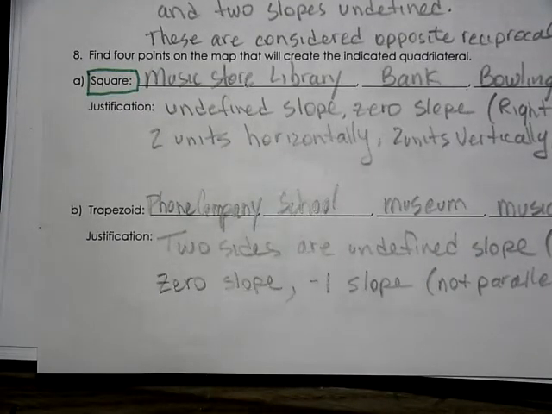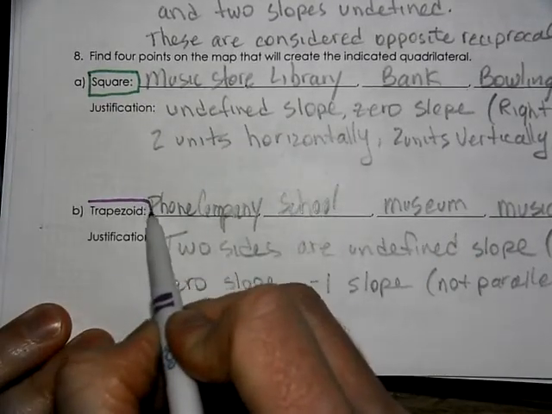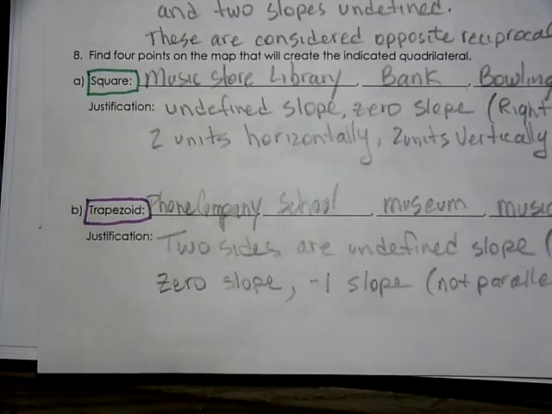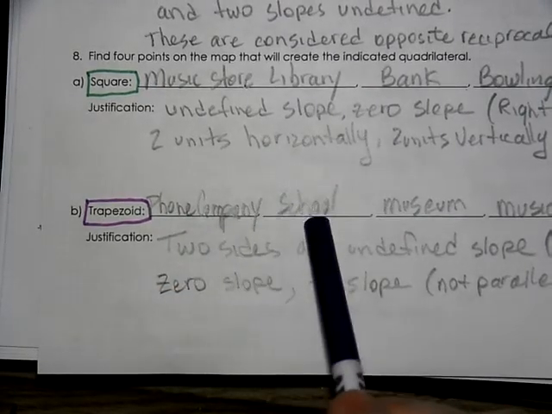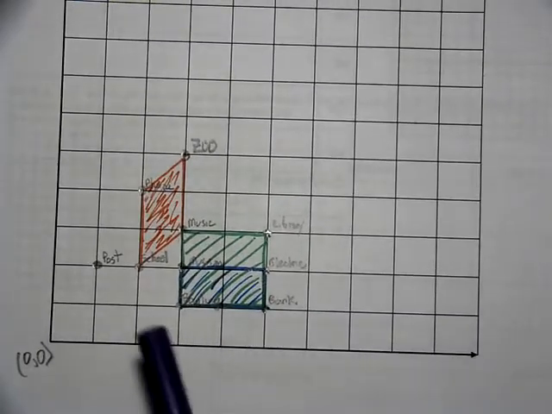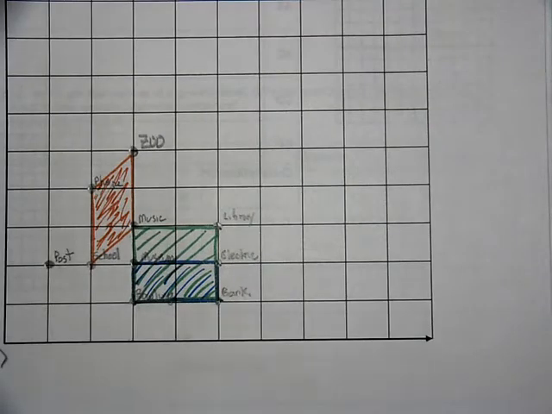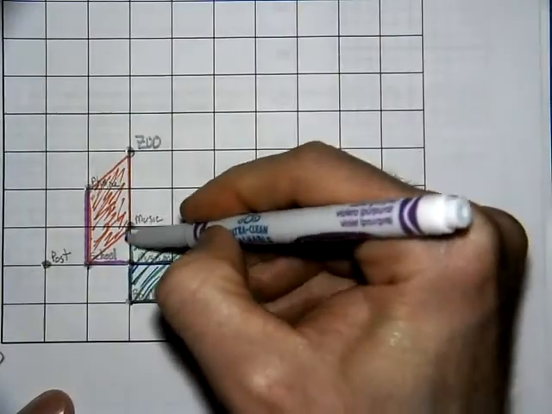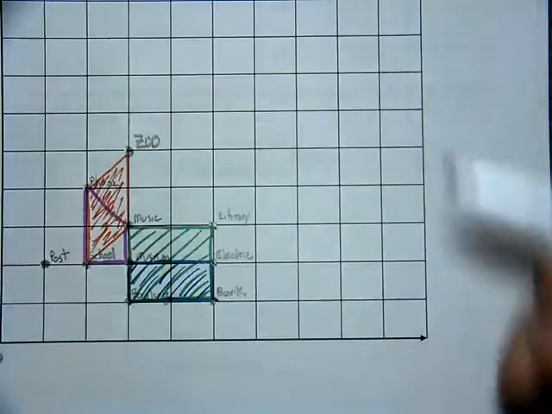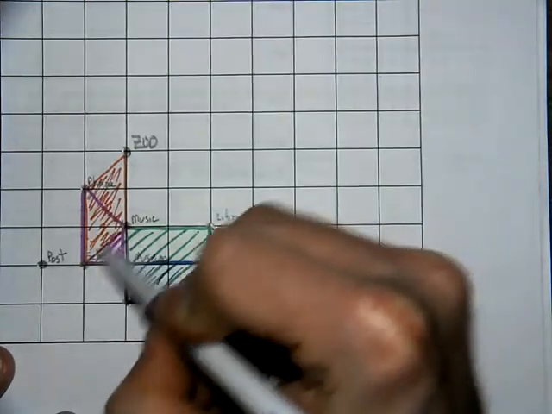looking for the trapezoid, the phone, the school, museum, and music. There are several different trapezoids.